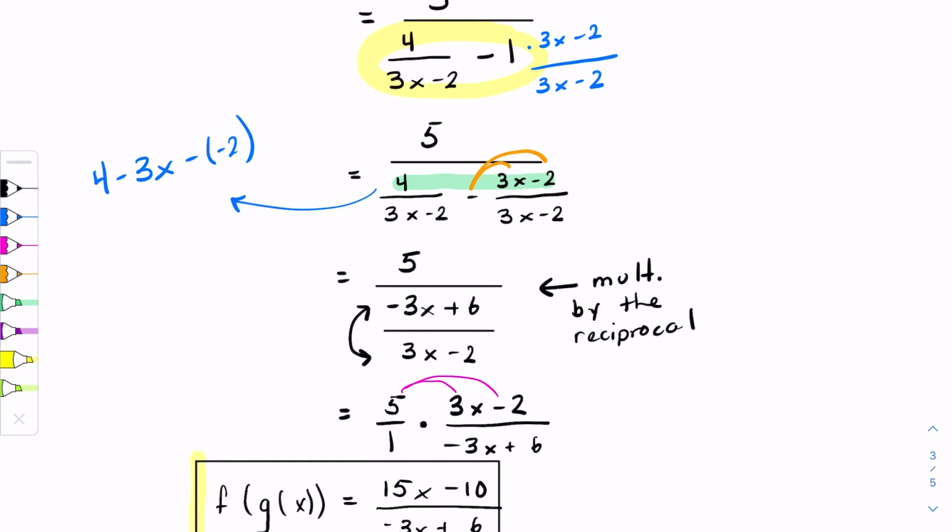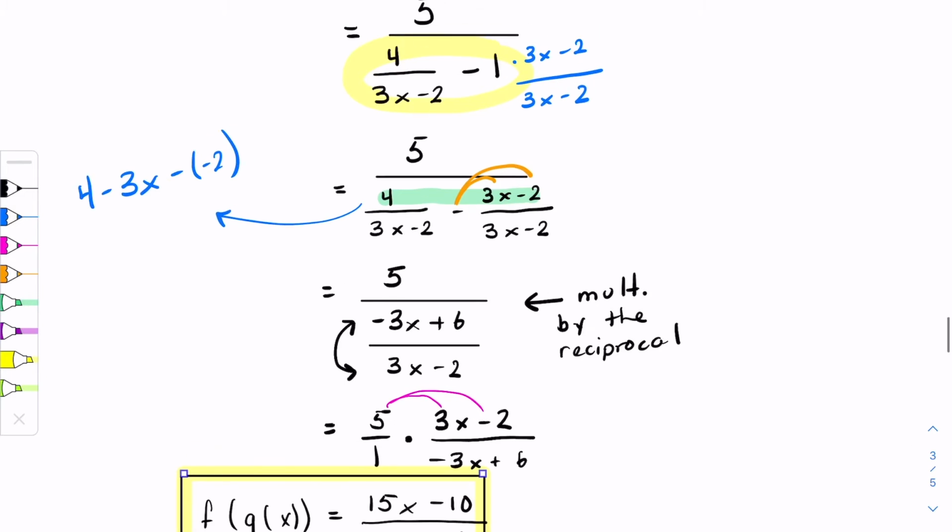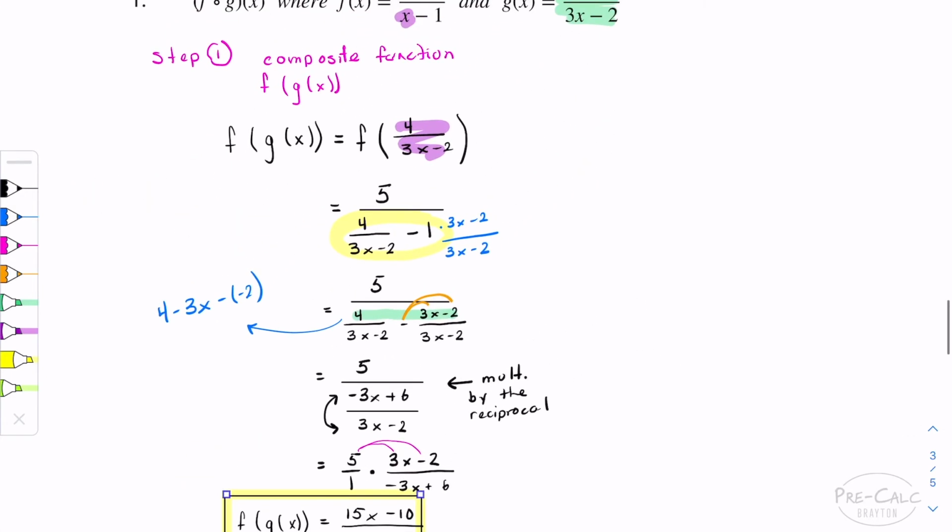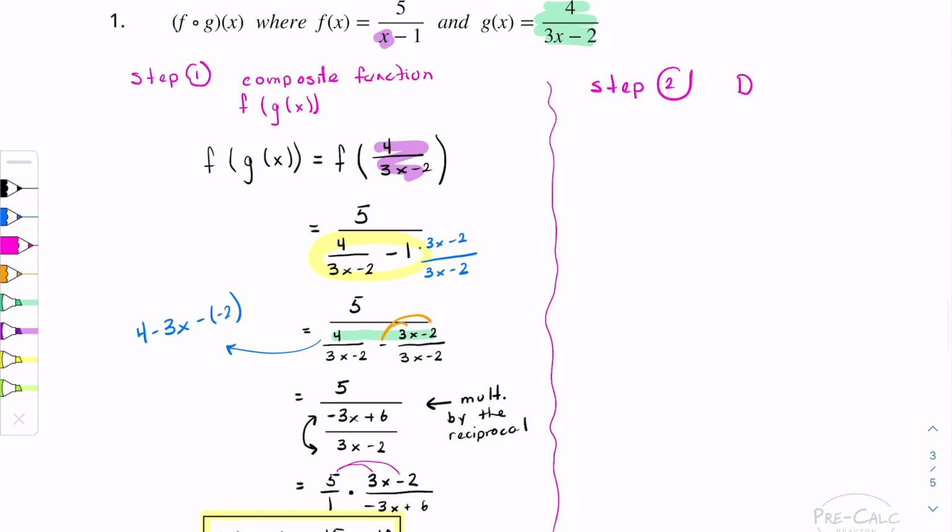Okay, that completes step 1 in the directions above. In the above directions, step 2 is to find the domains. And to find the domains, we need to find 2 of them.